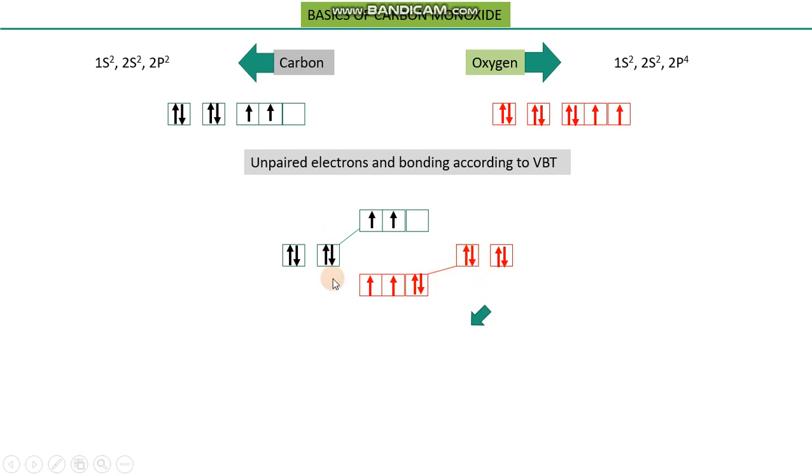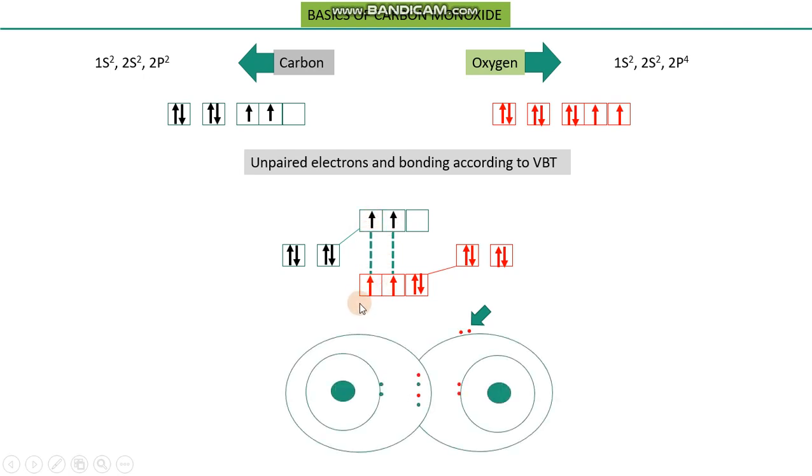The s orbitals are out of the bonding because they are filled, and filled orbitals do nothing for bonding between two species. So the chance is only for the unpaired electrons to be shared, one in each orbital, so two pairs will be obtained.